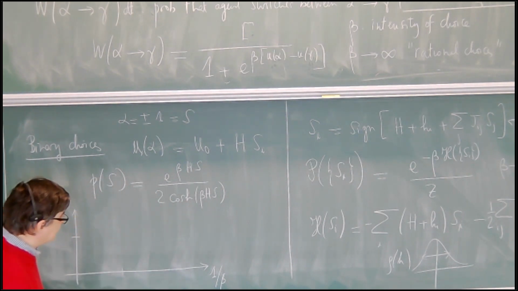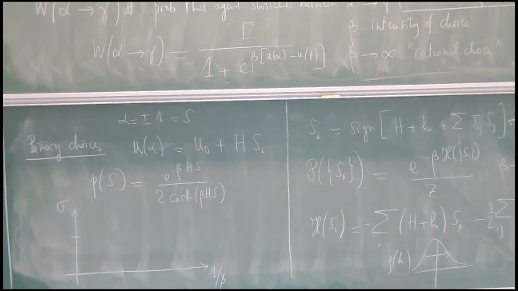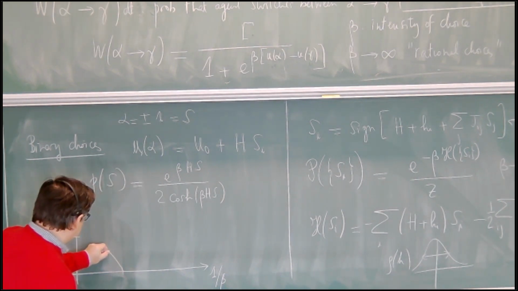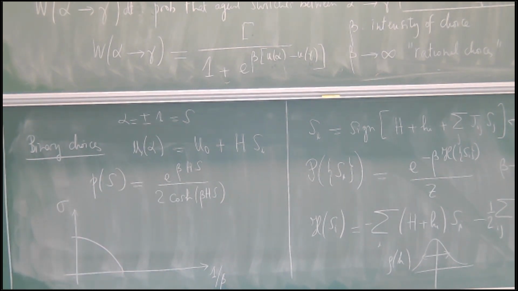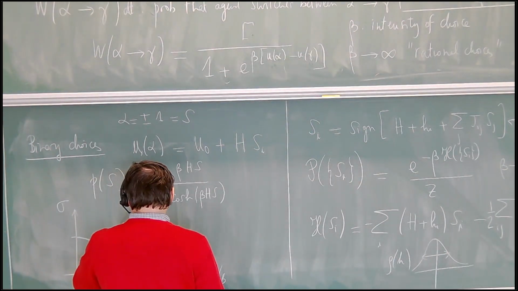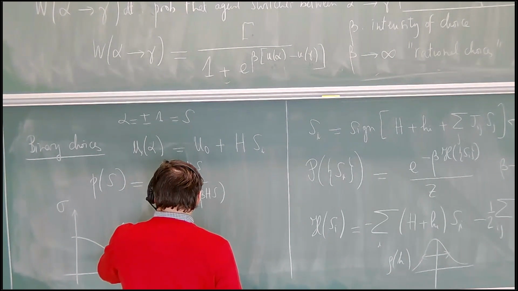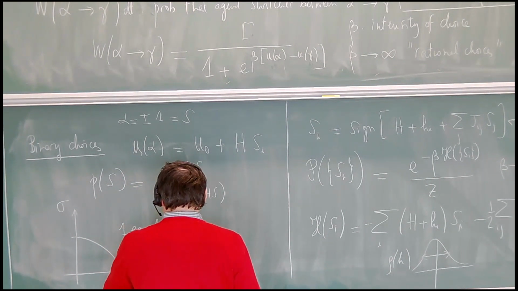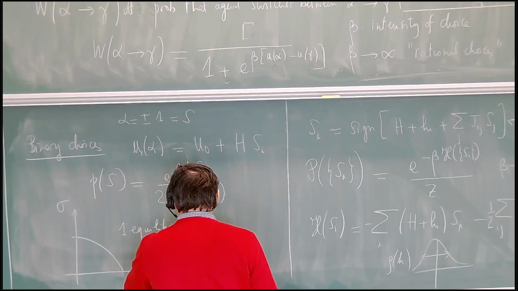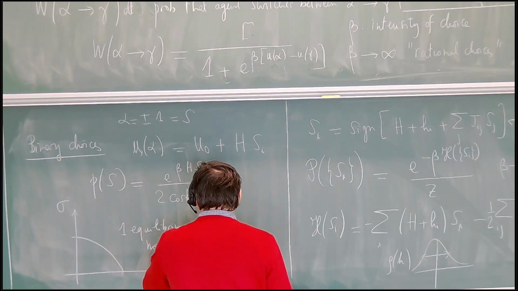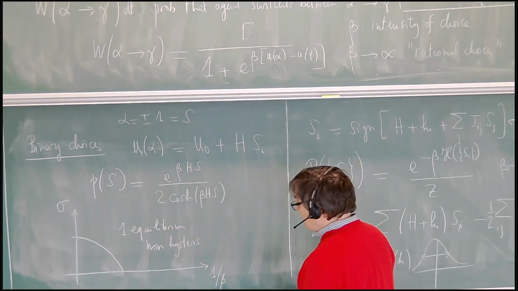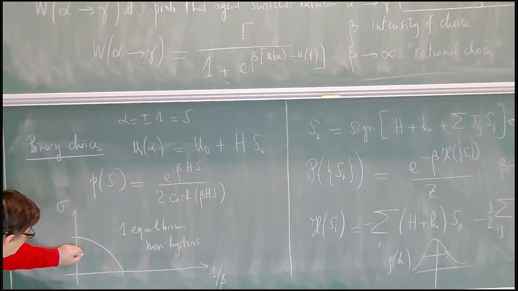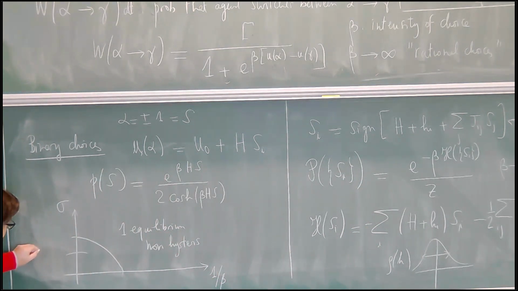So in this plane, 1 over beta and sigma, there is actually a whole line of critical points which separate a system with one equilibrium, no hysteresis, from a phase where there are two equilibria and hysteresis.